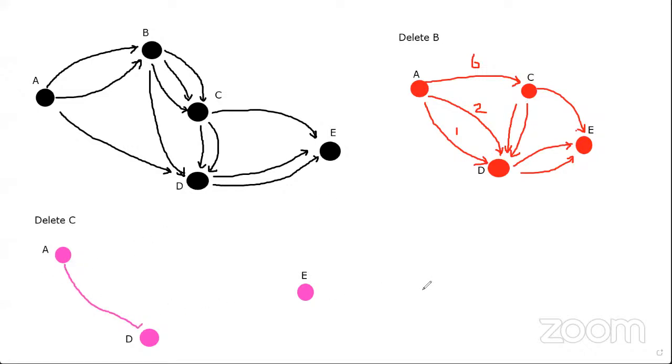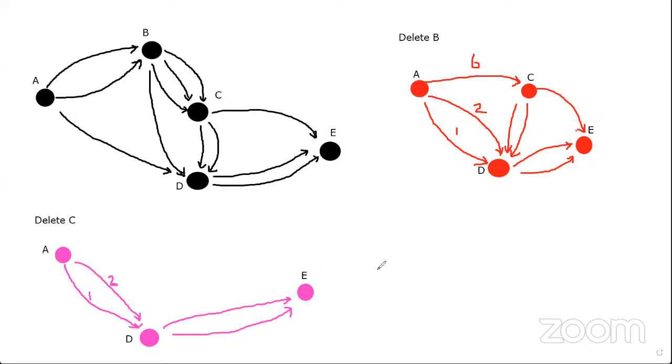Deborah, how many? From A to D via C? 12.